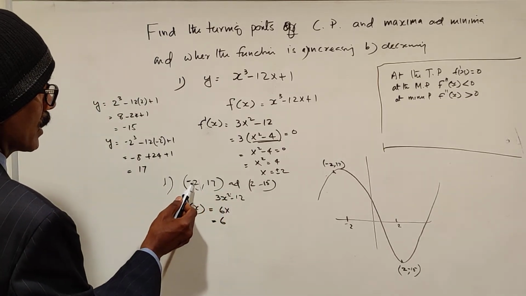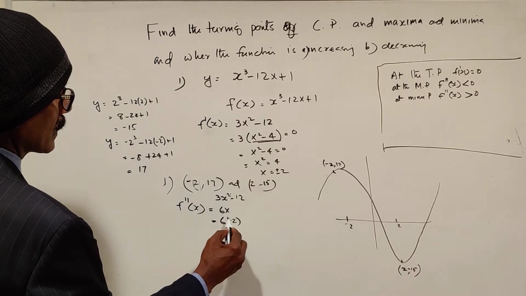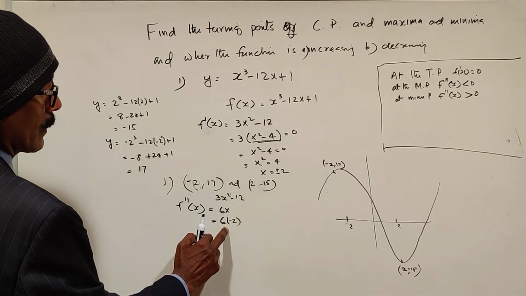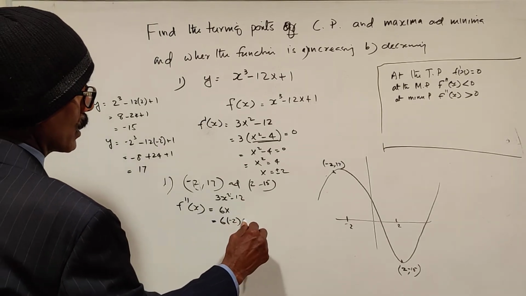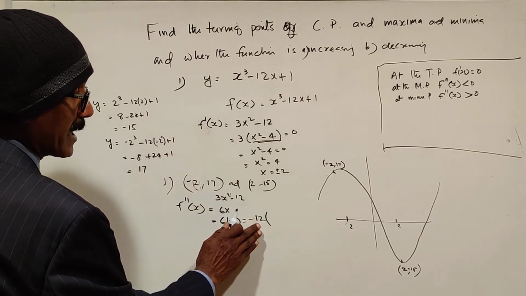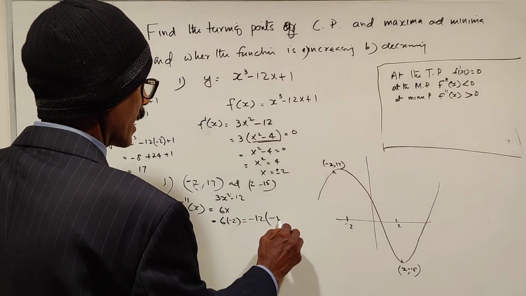So 6 into the first point: put x equal to minus 2. 6 times minus 2 is minus 12. You don't need that number, you only need negative or positive. This one is negative.